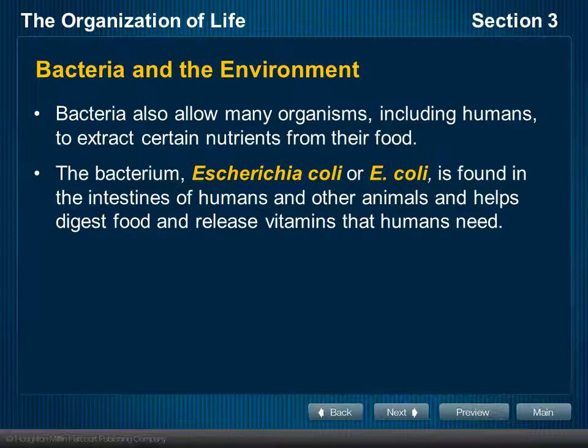And that's because the bacteria that are supposed to be there helping you to digest, helping you to extract nutrients is not there.